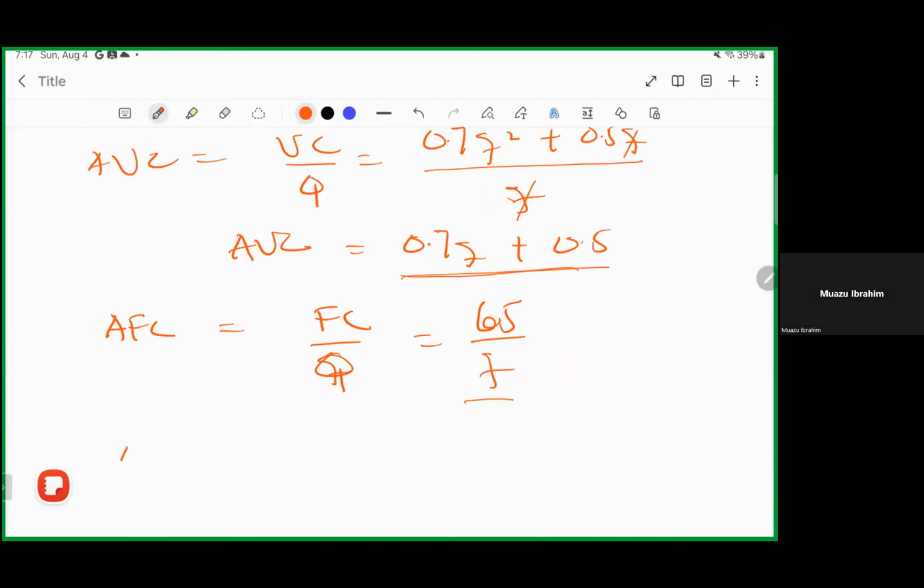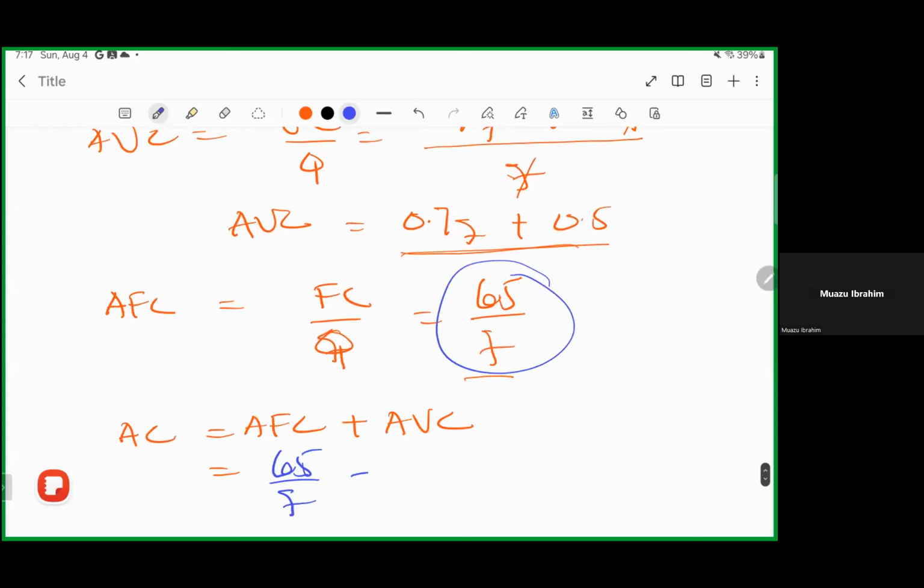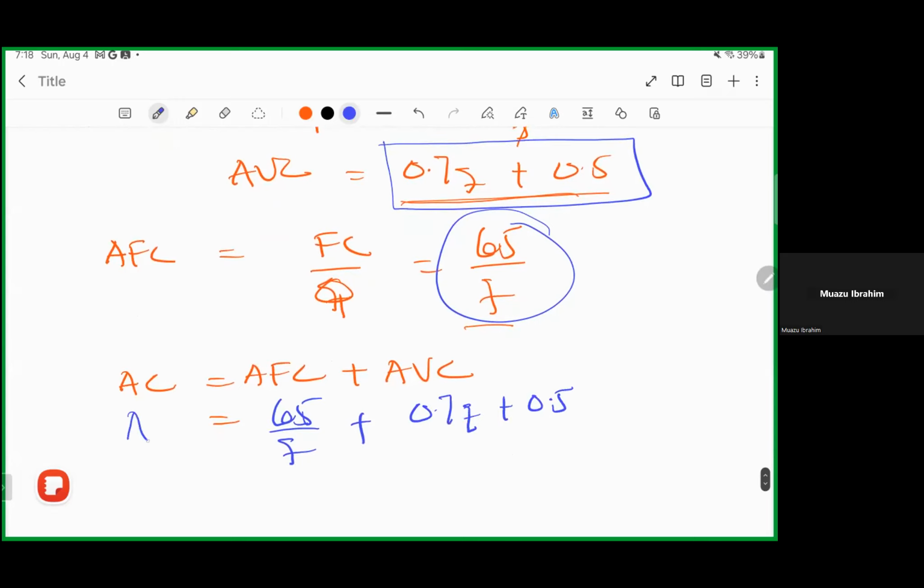So even from the average cost function, which we said is average fixed cost plus average variable cost, when you add the two, which is the average fixed cost, 65 all over Q, plus average variable cost, which is 0.7 Q plus 0.5, this will give you the average cost.